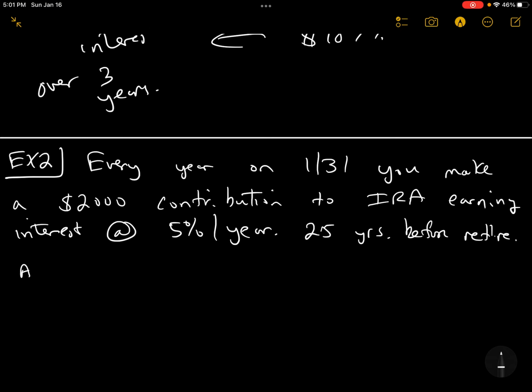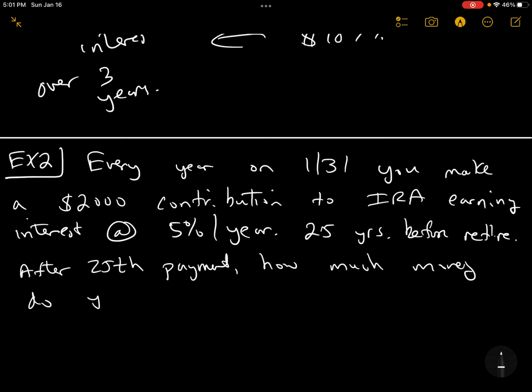So after the 25th payment, how much money do you have for retirement? And this basically says, how much did you accumulate, or what is S?